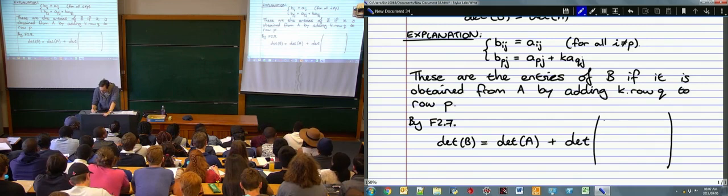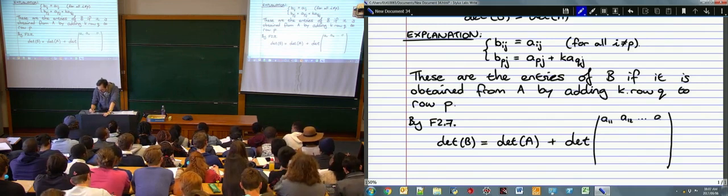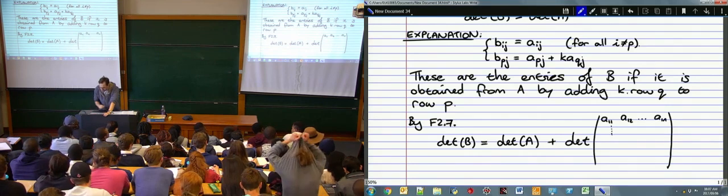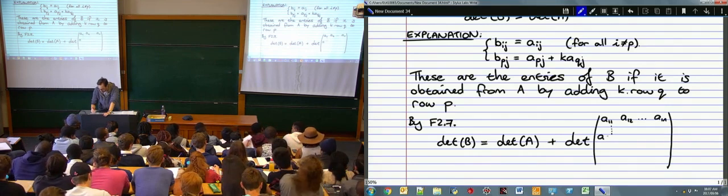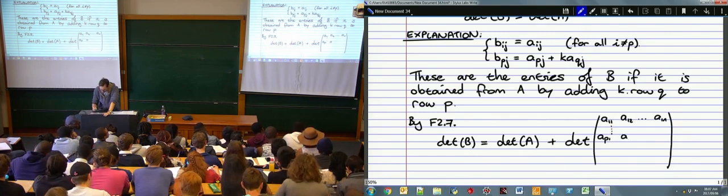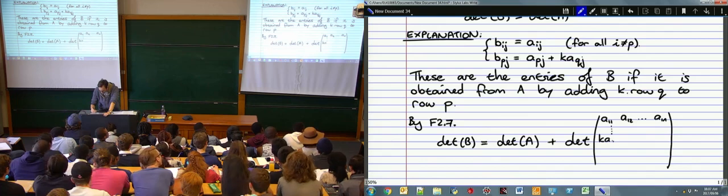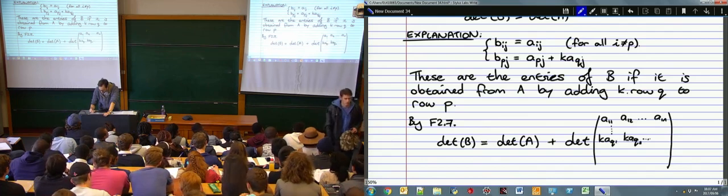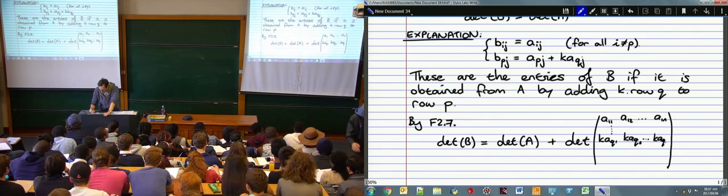So in fact we can write it like this: A11, A12, A1n. And then in the pth row you've got k A_q1, k A_q2, k A_qn, right?